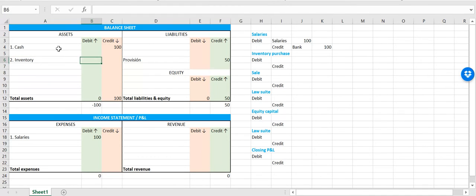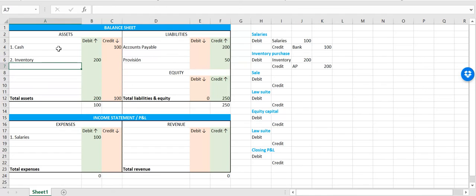Okay, goes up by 200. And accounts payable, credit 200. Yeah, that makes sense because it's a debt, right? So liabilities go up, accounts payable for 200, and what I purchased is inventory, which goes up by 200.